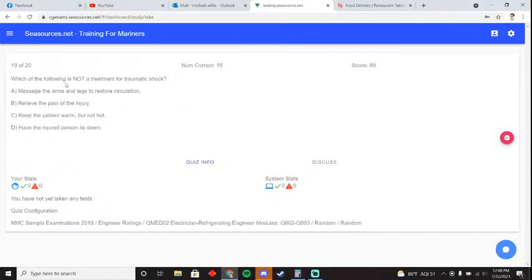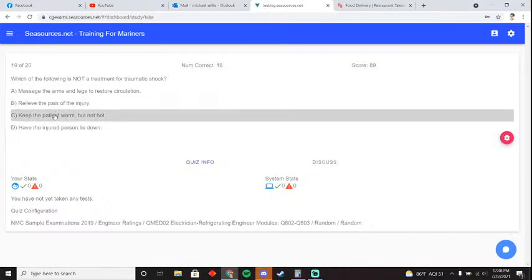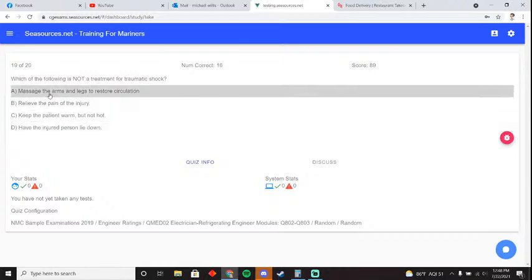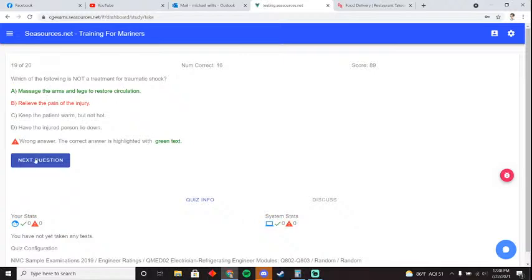Which of the following is not a treatment for traumatic shock? Keep the patient warm but not hot. Massage the arms. Massage the arms.